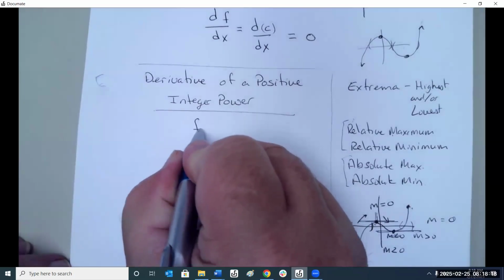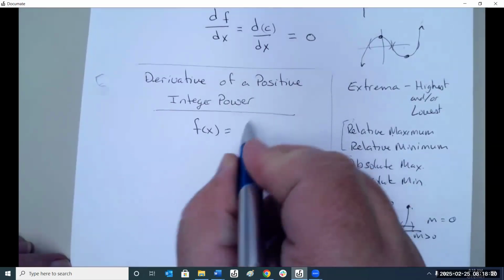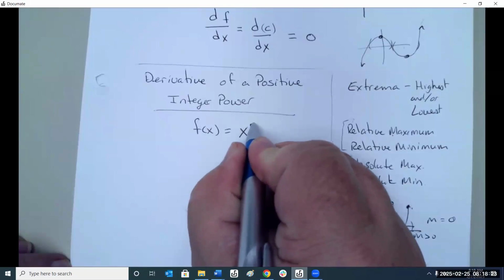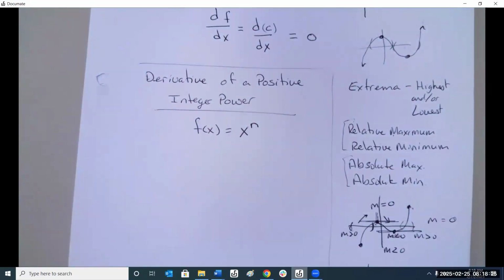So we're looking at here, what if we had x to some n, n could be any number you want it to be. N is some positive integer. Eventually we'll take it where n doesn't have to be an integer. It could be anything. It could be pi, it could be e, it could even be another equation. But right now we're looking at a power of a positive integer.